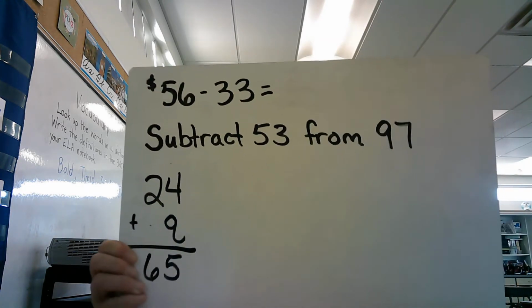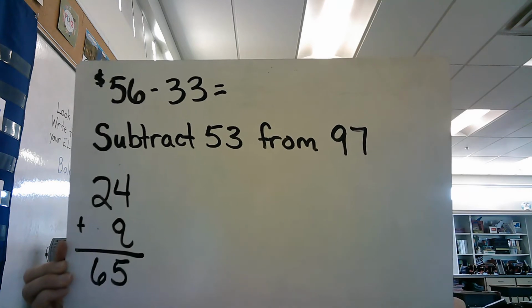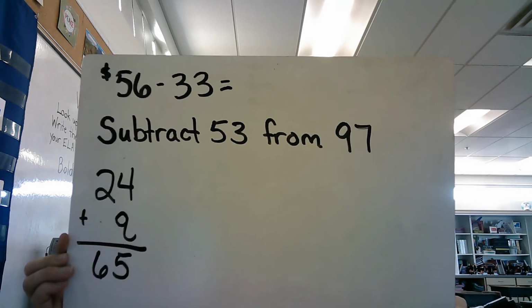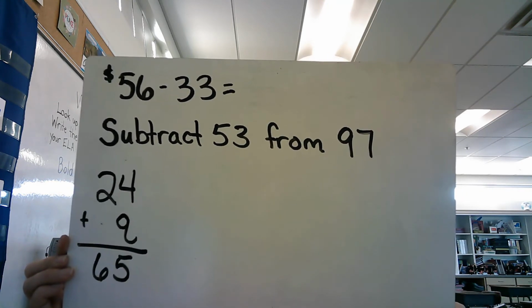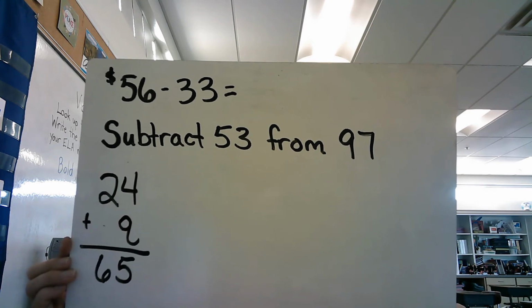And then we are going to do a missing addend problem. We will try to figure out what Q is if we have 24 plus Q is equal to 65. Okay? So try these three on your own. Hit pause, try to solve them, and then hit play when you're ready to go over the answer.